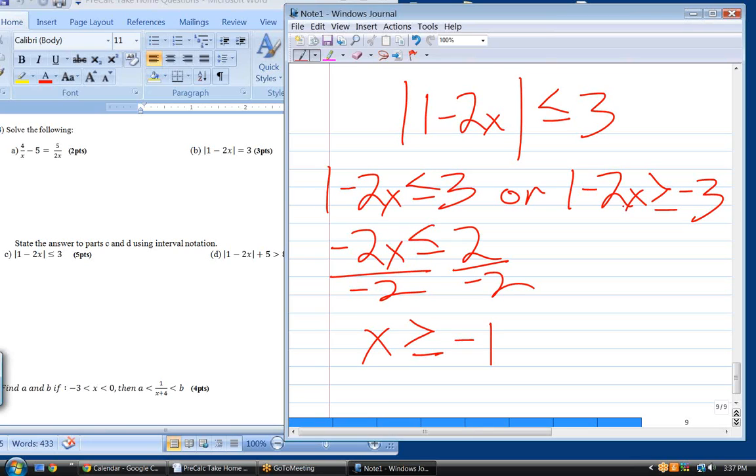Okay, let's go over to this one. Now I got minus 2x is greater than or equal to what? 5. What's minus 3 minus 1? Oh, I'm sorry, I'm doing 2 over here. So it's going to be negative 4.